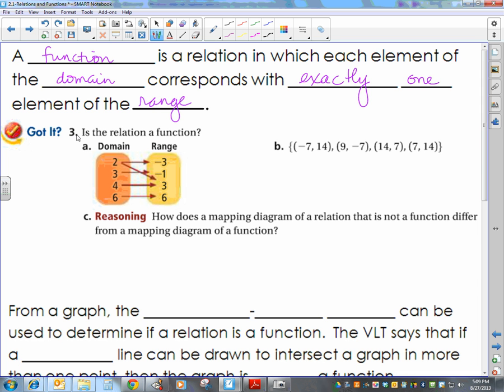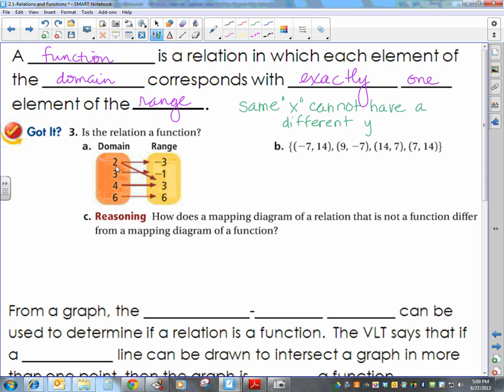You've probably heard this before: the same x cannot have a different y. The same x cannot have a different y value.